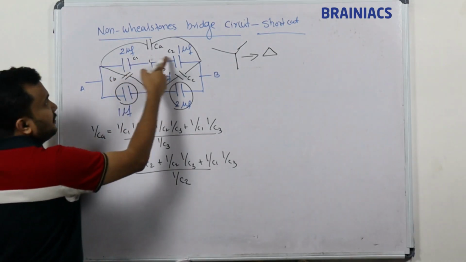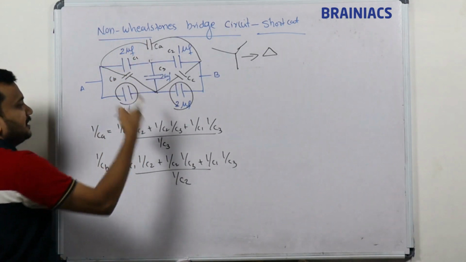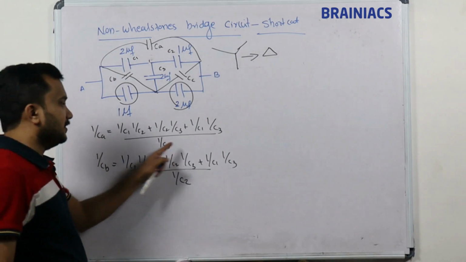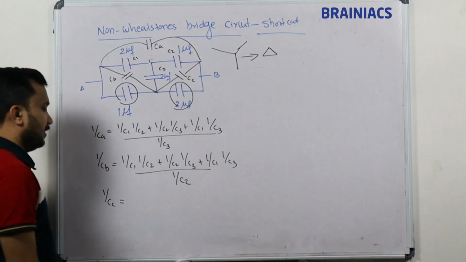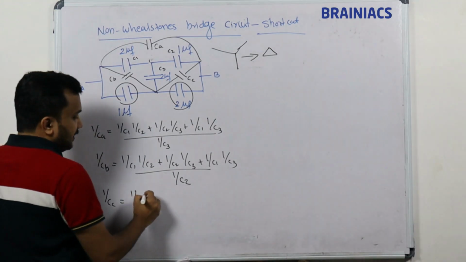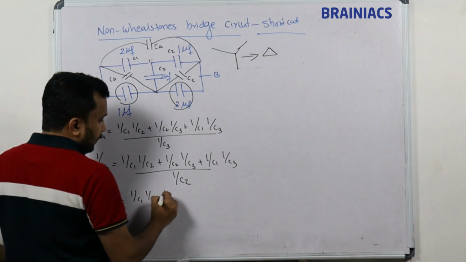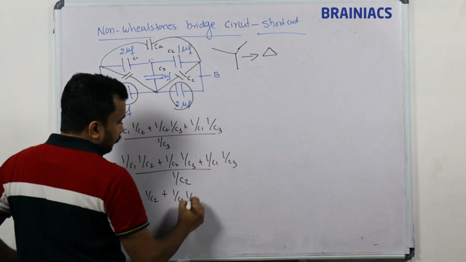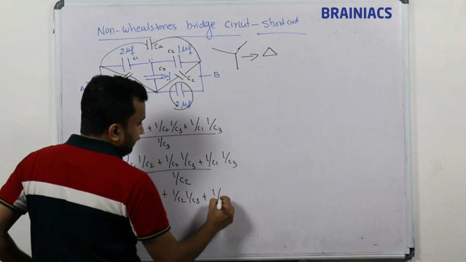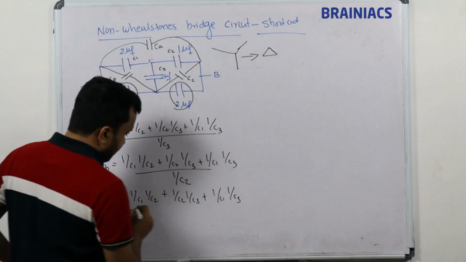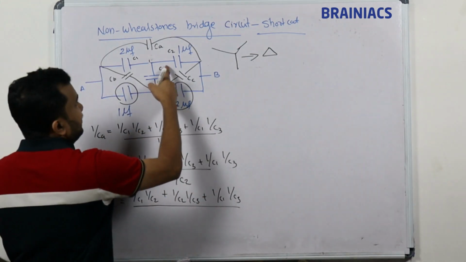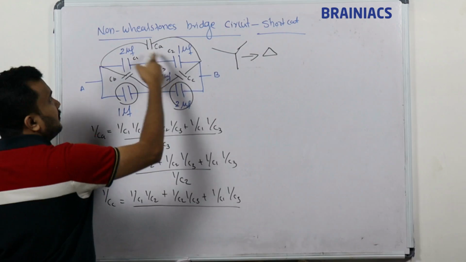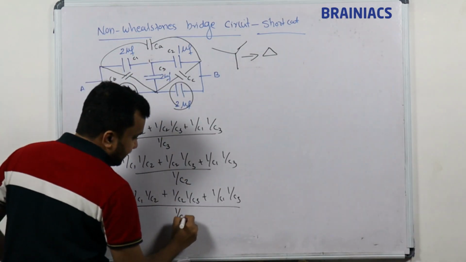For CA, C1 and C2 are adjacent, and the opposite is C3, so we divide by 1 by C3. Next, 1 by CC is equal to the same numerator divided by 1 by C1, because C2 and C3 are adjacent and the opposite is C1.